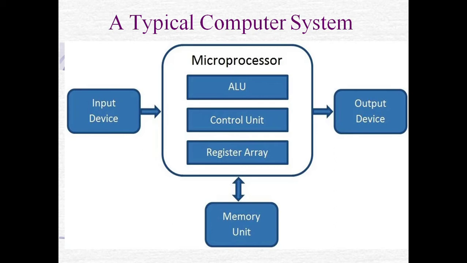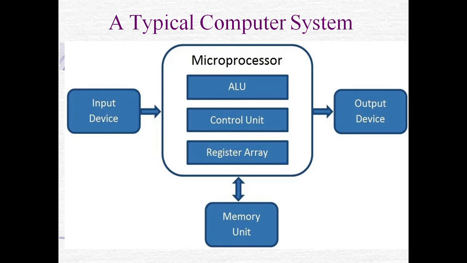So the memory unit is responsible for storing data and programs. Programs are executed by the microprocessor, and the data is what the arithmetic and logic unit performs arithmetic and logic operations on.